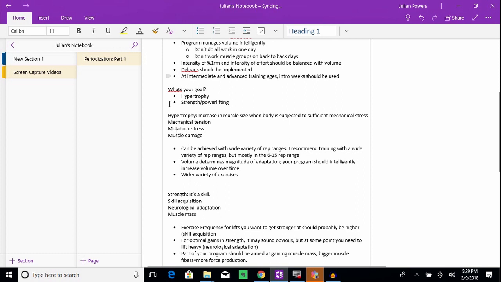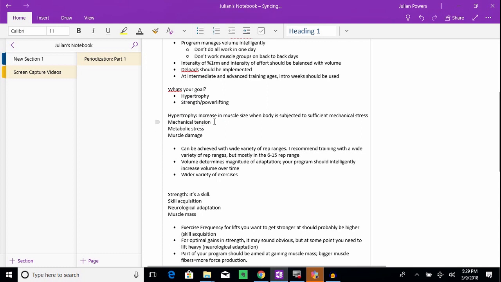If you do damage to a muscle, but there's been no mechanical tension, there's going to be no increases in muscular hypertrophy either. So when there is sufficient mechanical tension involved, i.e. lifting a weight, you will see increases in muscle mass. Metabolic stress is kind of the opposite of mechanical tension.